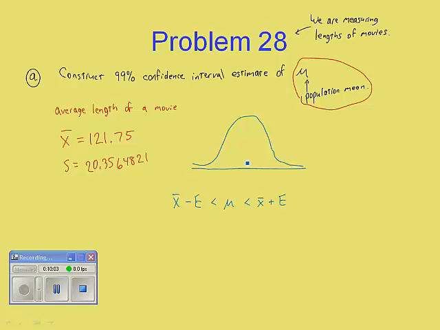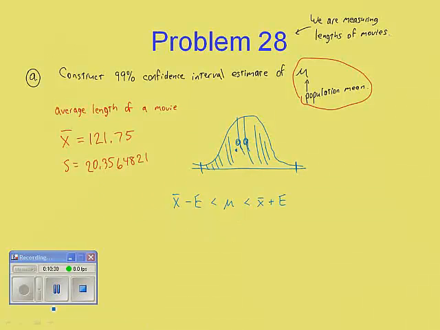And what I want to have happen is I want how much of the area to be contained in here. I want a 99% confidence interval. So I want 0.99 of the area to be in here. 0.99.